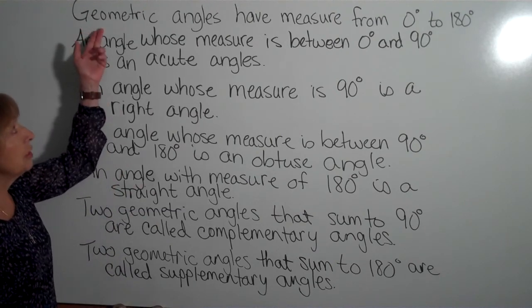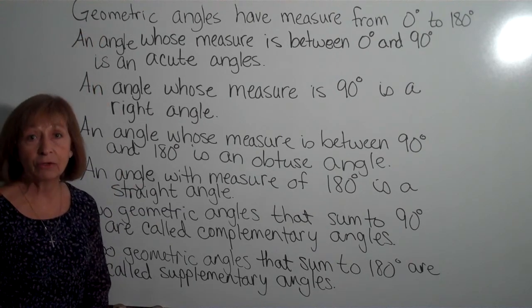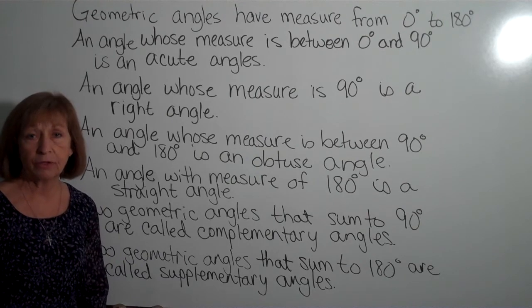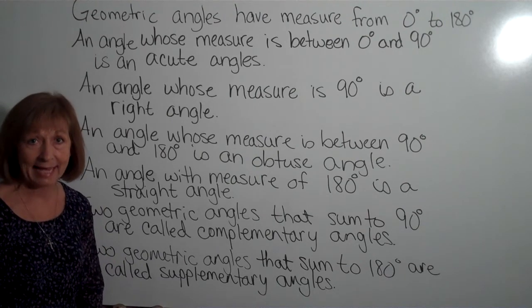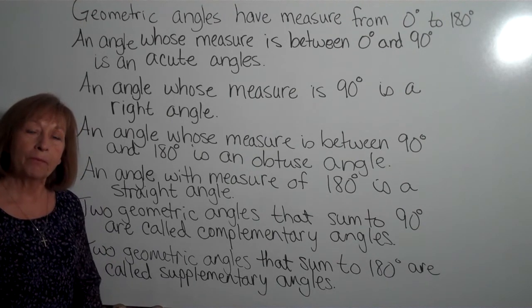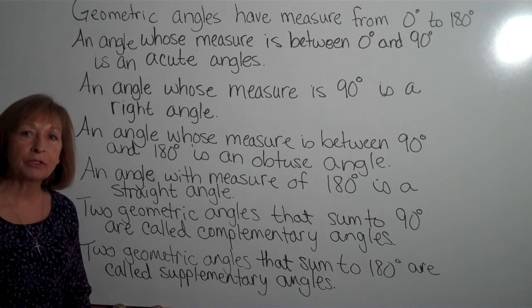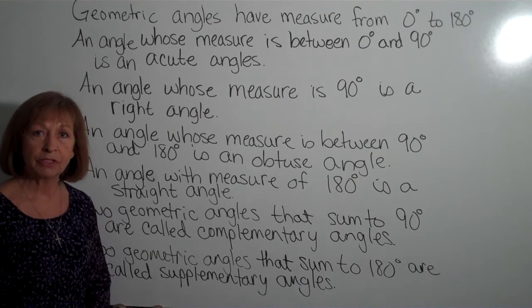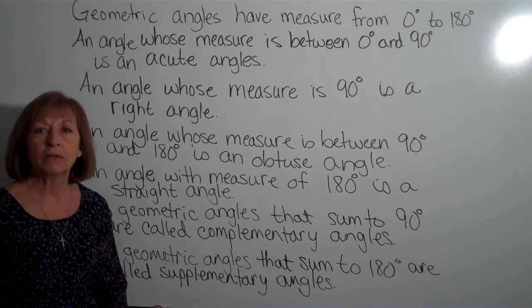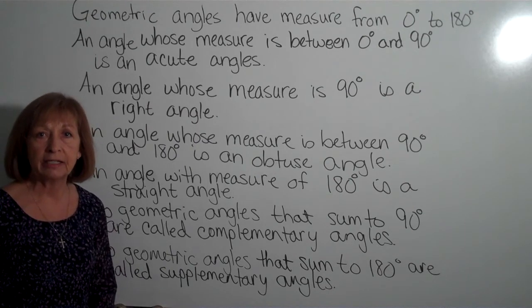So here, geometric angles are measured from 0 degrees to 180 degrees. When you think about a geometry class, the widest span that you would have between two rays with a common vertex will be a span of 180 degrees.